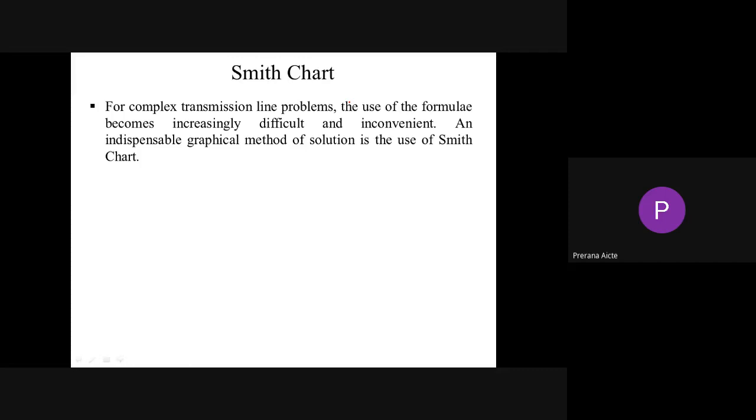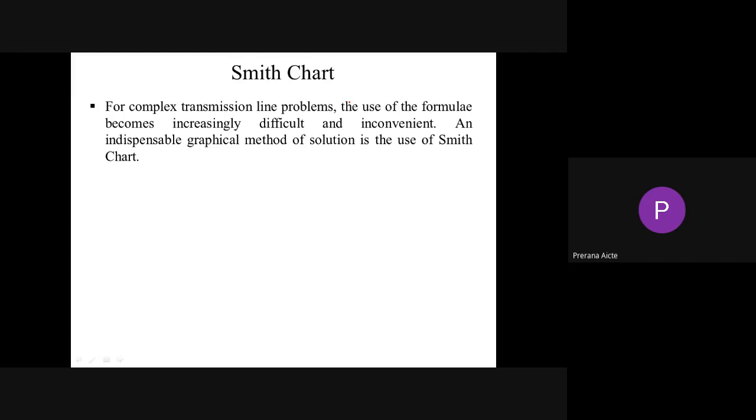If the transmission line is complex, then these mathematical functions are very complicated. At that time, we have to use the graphical representation of these complex transmission lines. That graphical representation is nothing but a Smith chart.